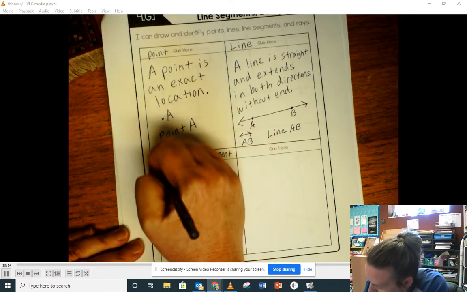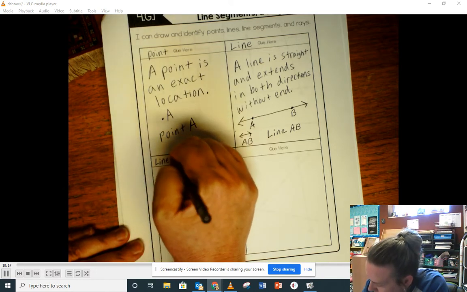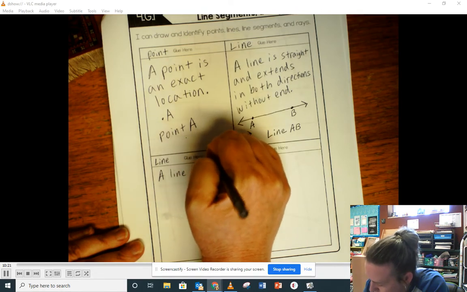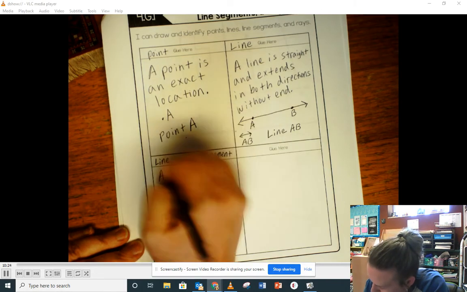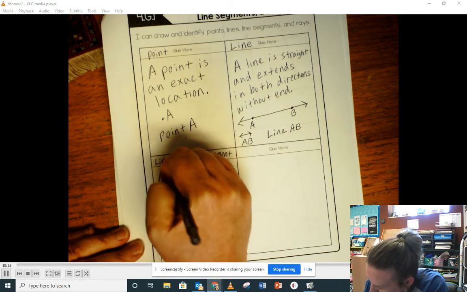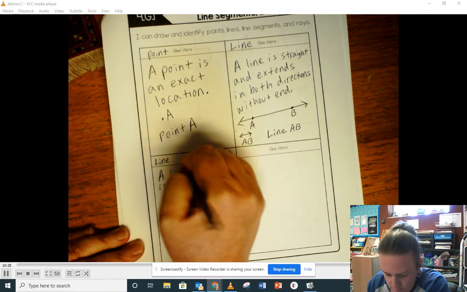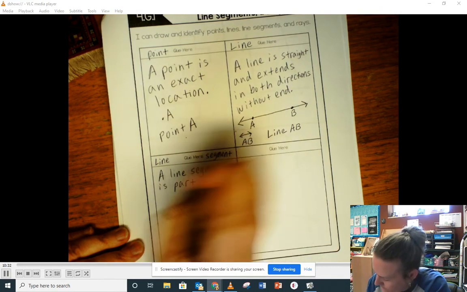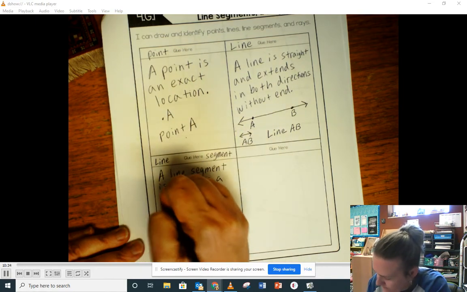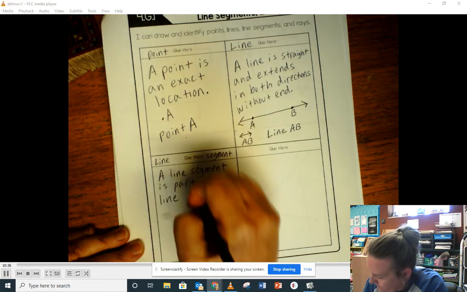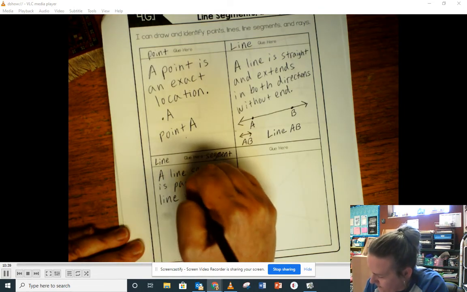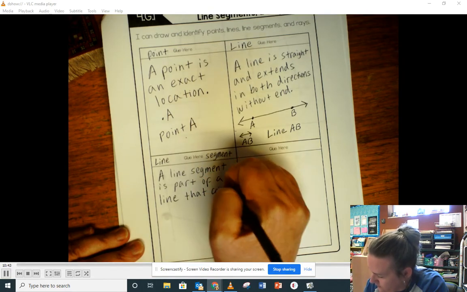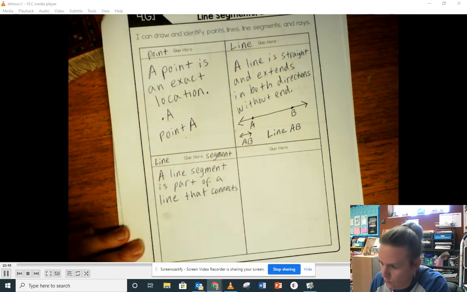So we're going to write a line segment is part of a line that connects 2 points.